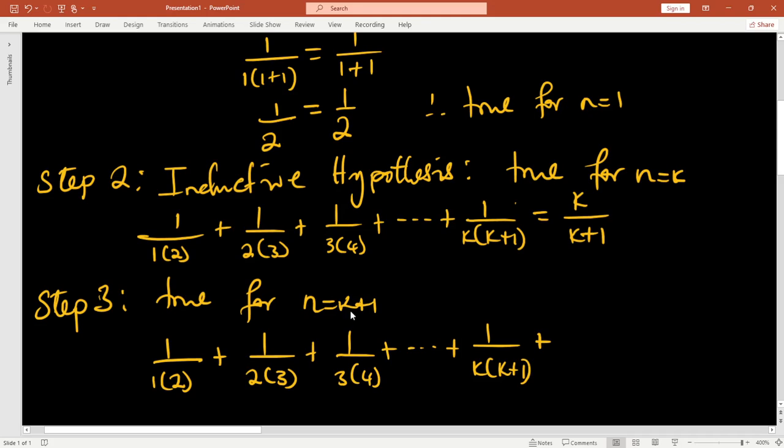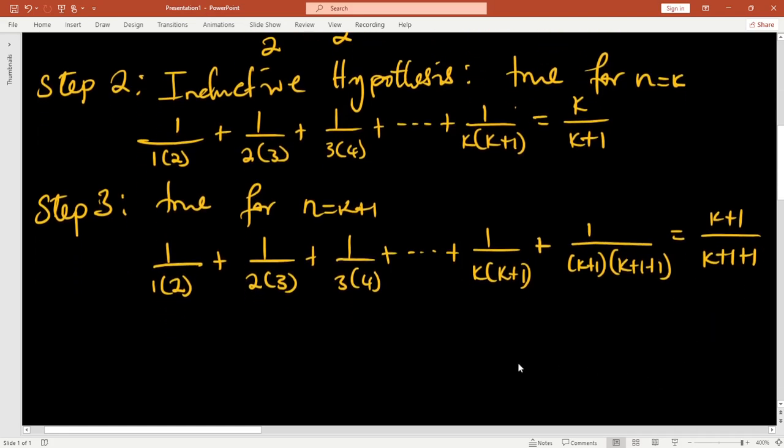If we're talking about k plus 1, it simply means that where there's n in the expression, we substitute k plus 1. So we have 1 divided by (k plus 1)(k plus 1 plus 1) equal to, on the right hand side where there's n, we substitute k plus 1. So we have k plus 1 divided by k plus 1 plus 1.